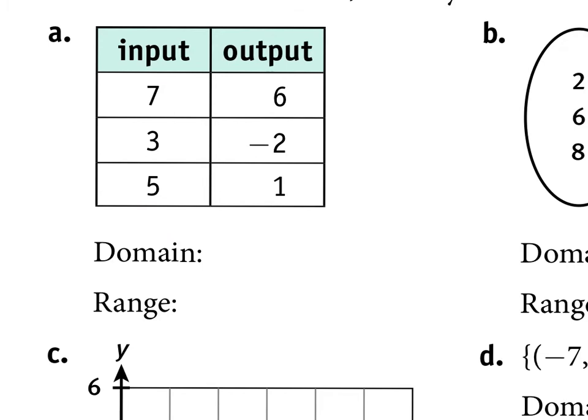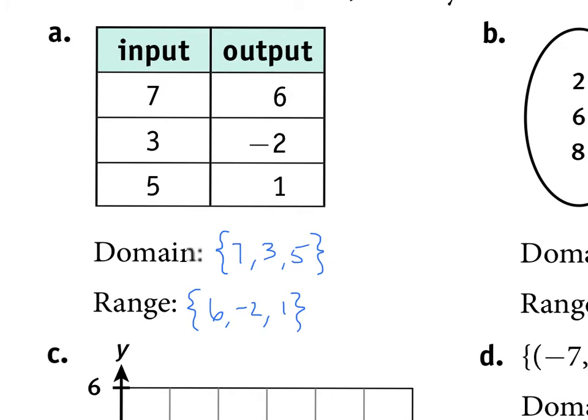So when it asks you for the domain, you literally write, and they write these in these funny brackets, but domain is going to be 7, 3, 5. Range is all the outputs, so 6, -2, and 1.